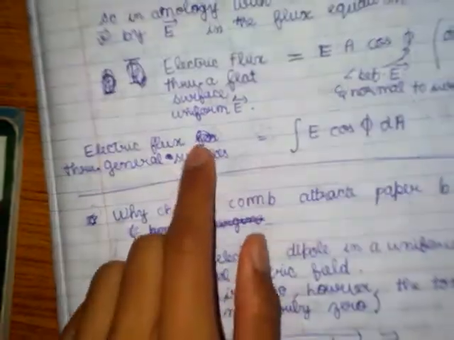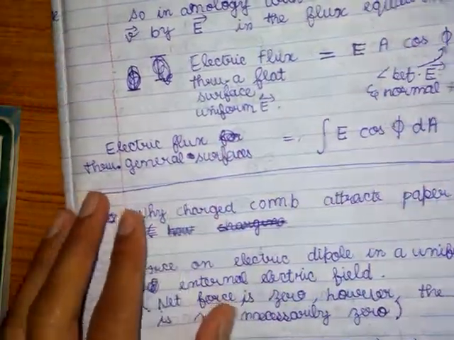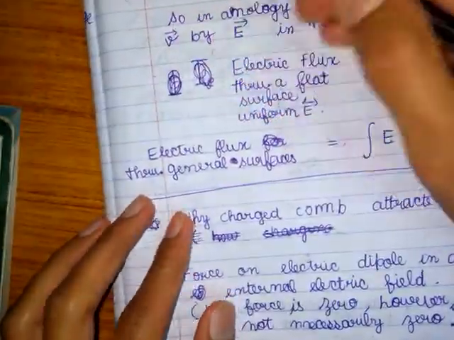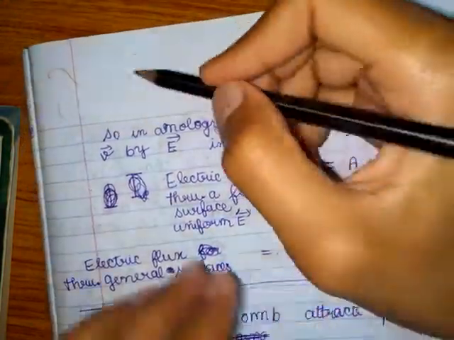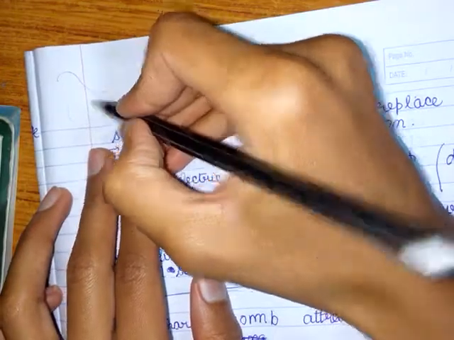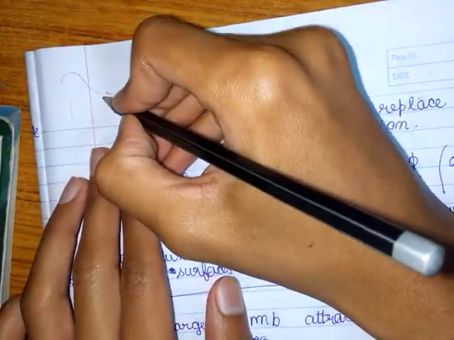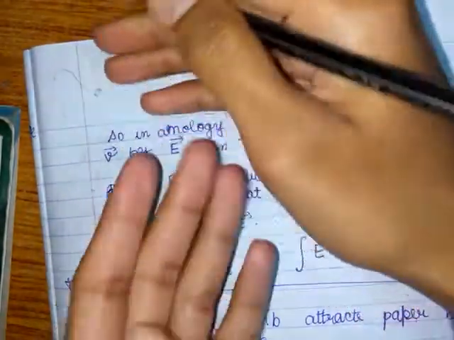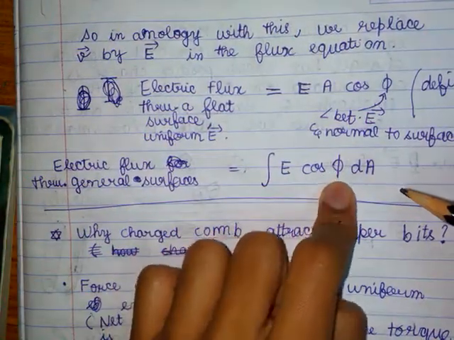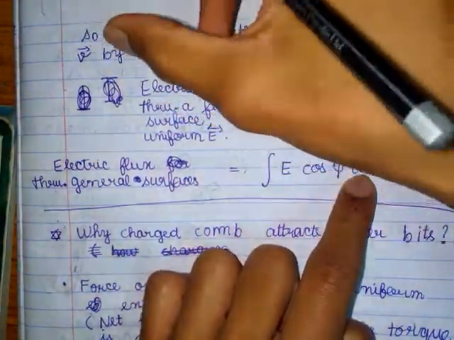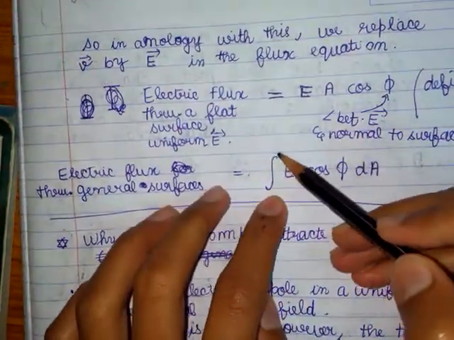Okay, and if the surface is not quite flat, and it's any random shape, then we use calculus. What we actually do in principle is divide the surface into infinitely small flat surfaces and then calculate E cos phi dA. dA is the small surface area element, and then sum it.